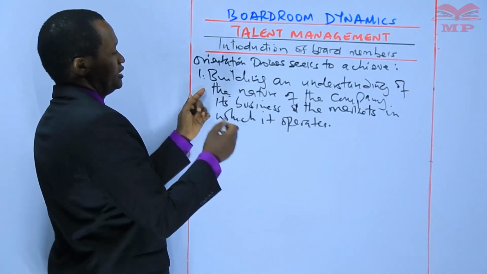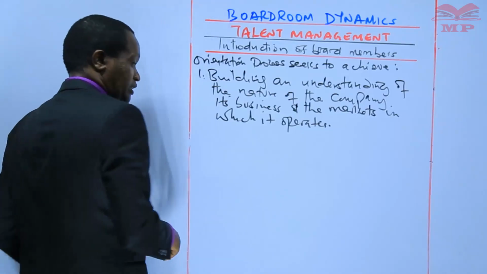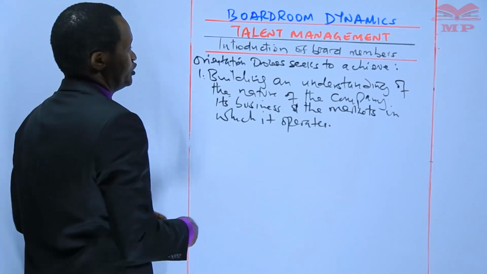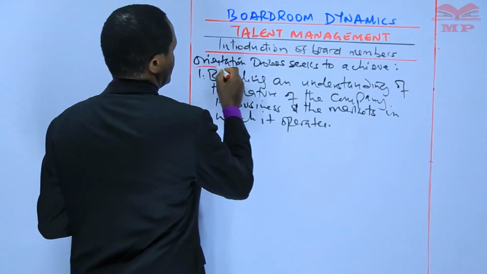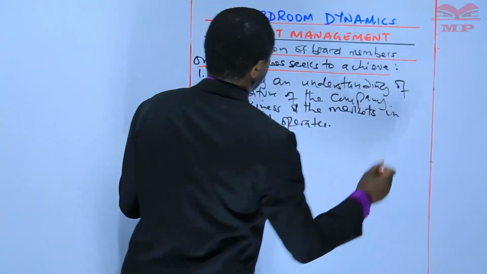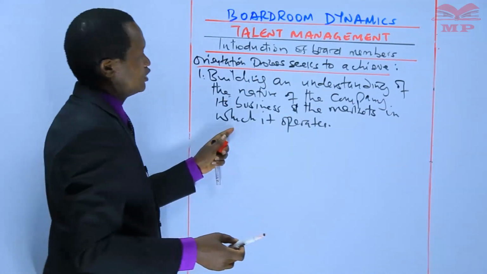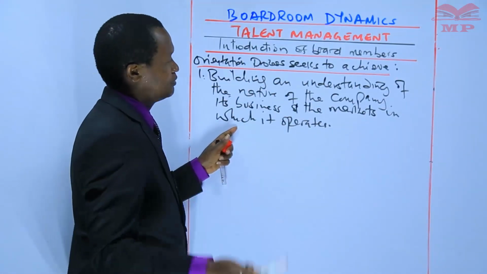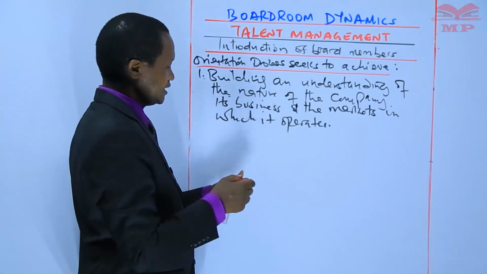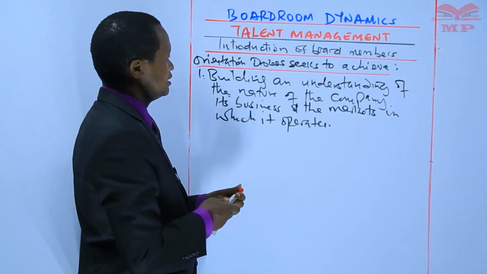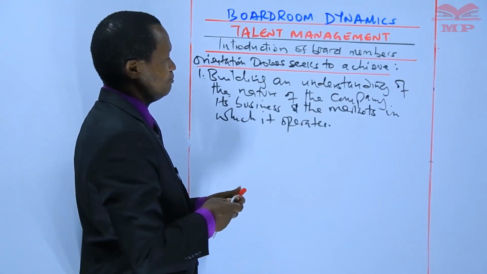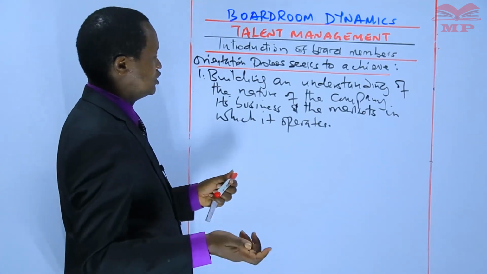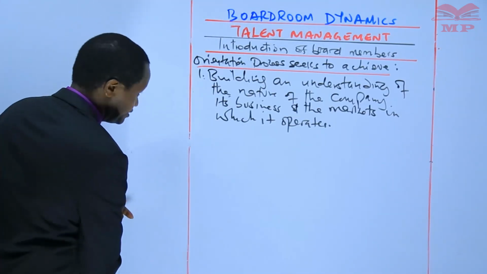Because remember, it is the new director who is being introduced here. When a new director or board member is being introduced, the purpose is to help the board member to understand the nature of the company, the business of the company, and the markets in which the company operates.